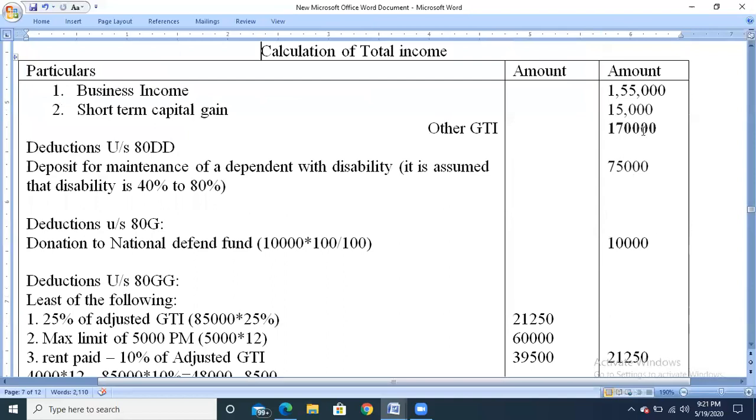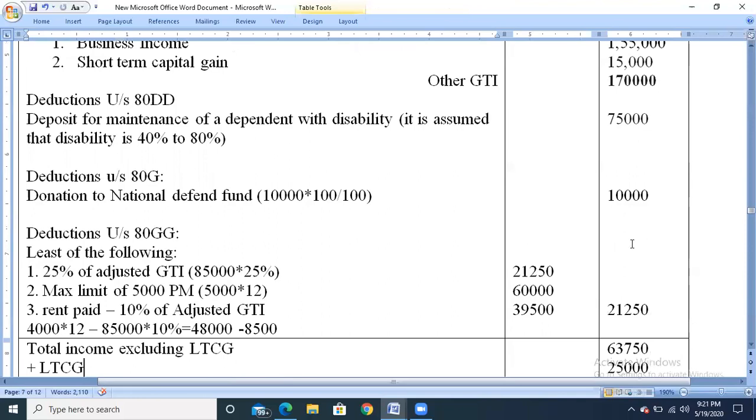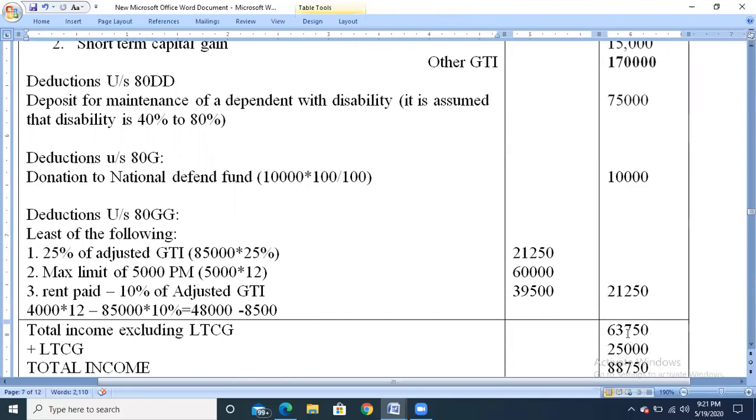Now we need to minus the deduction amounts. So the gross total income is 1,70,000 minus 75,000 minus 10,000 minus 21,250. The balance amount is 63,750. Now in the problem they have given the long-term capital gain. Already informed that the long-term capital gain has to be added back after the deductions have been done.